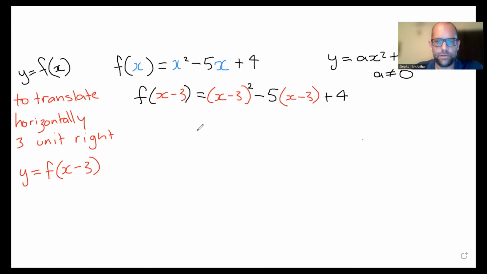So what we're going to do is just expand these brackets. This is binomial expansion. So it's important to remember those first 2 brackets. When it says squared, you need to multiply the x minus 3 by itself.